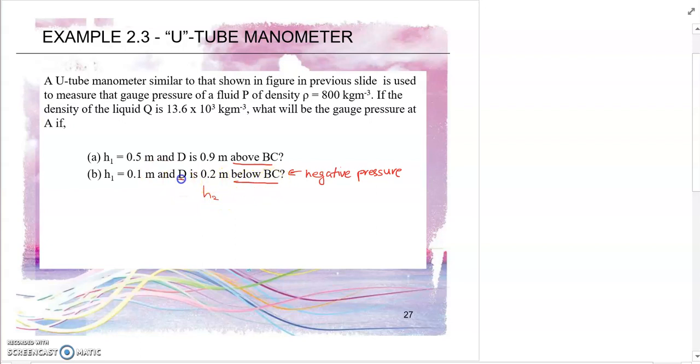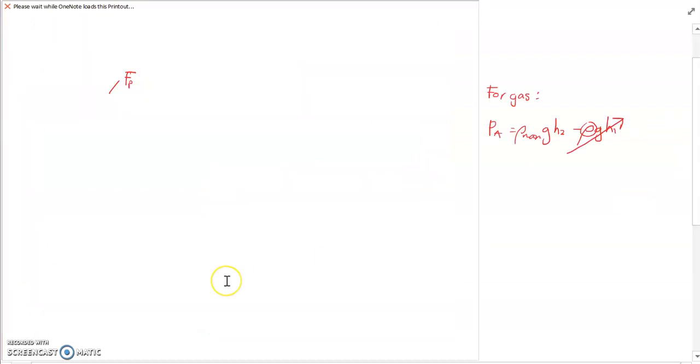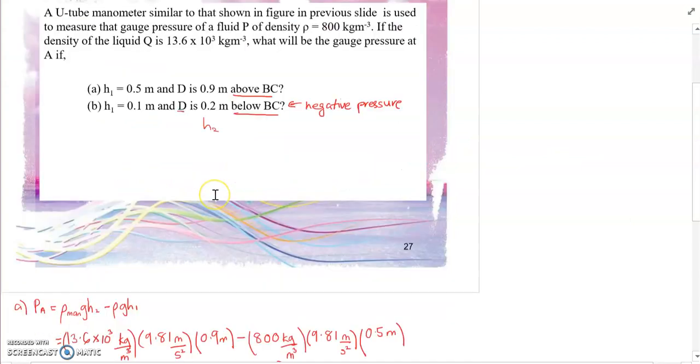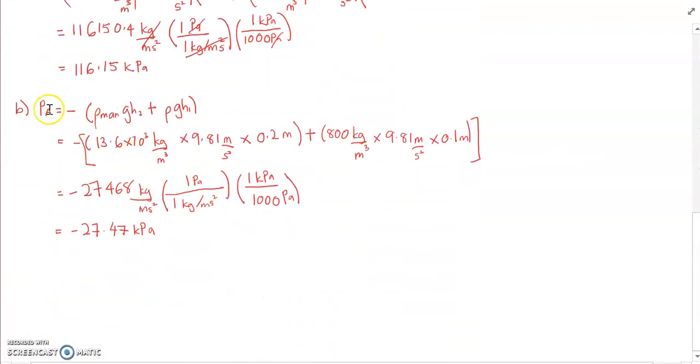CD is at a point on your right side, so it's already transferred to your left side, like the one I draw here. Okay, so this is your H2. You can straight away use the equation that we have derived previously. Plug in all the known values, and you will get the answer for PA to be negative 27.47 kilopascal.